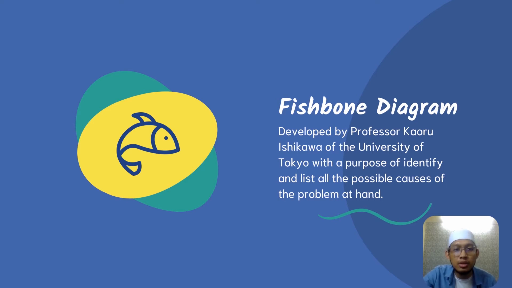The problem is written down and enclosed in a circle on the right side of the sheet of paper, which is the head representing the main problem, and then a straight line is drawn to the left, appearing much like the backbone of a fish. The next step involves drawing stems at a 45-degree angle to the backbone line, and at the end of each stem are listed all the causes of the problem that can be brainstormed.